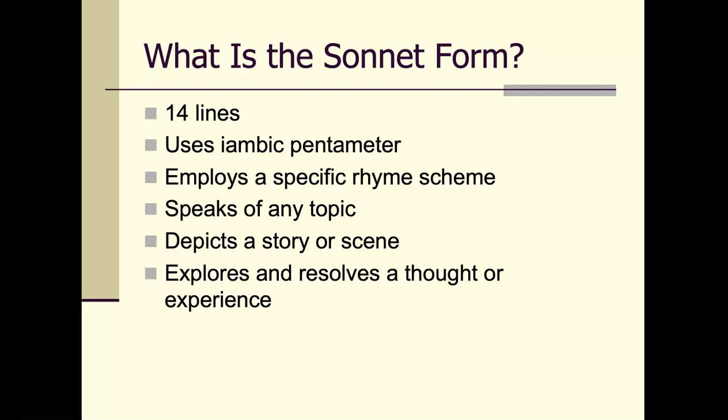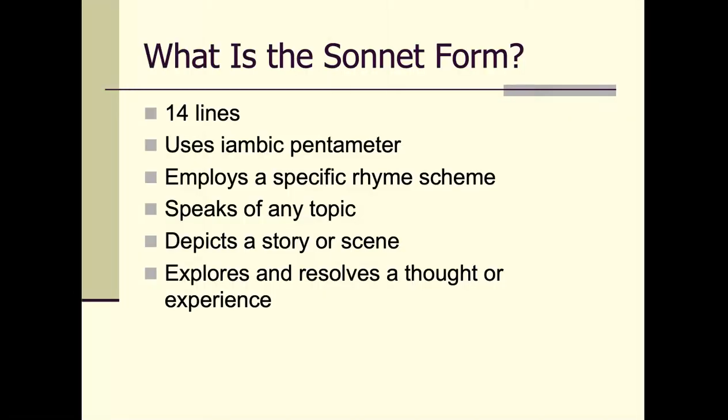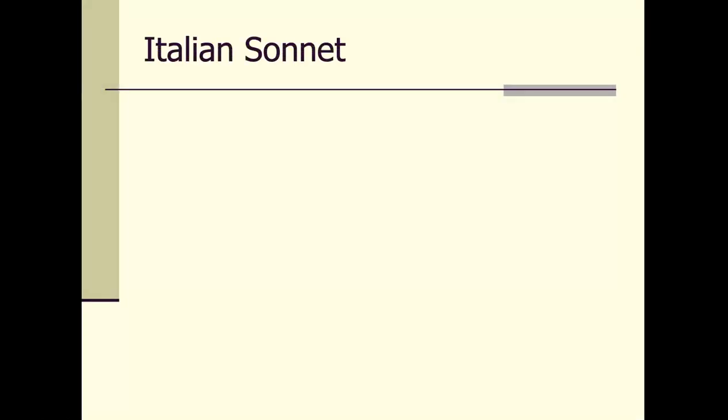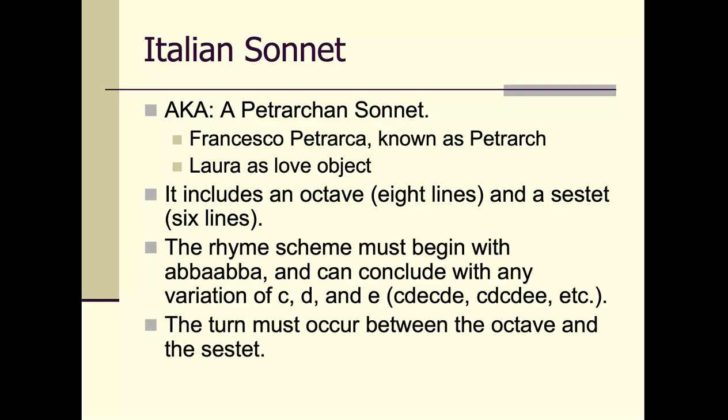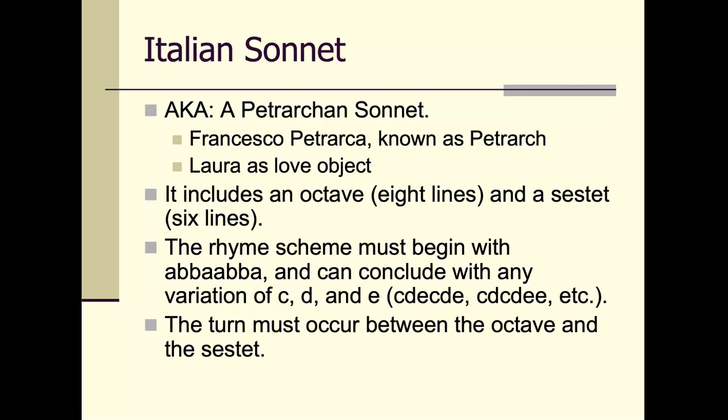Any sonnet form is usually 14 lines. And then we've got Italian sonnets. It's usually called the Petrarchan sonnet because Petrarch was considered to be the one to really be the master of this skill. And you can see what that looks like.